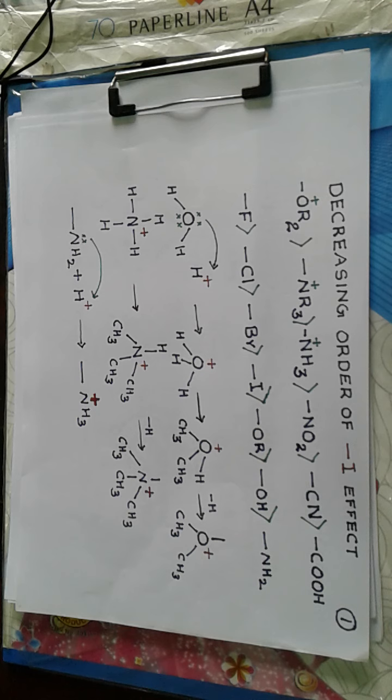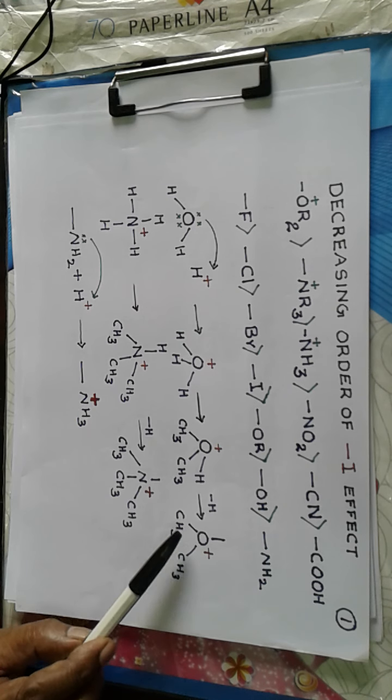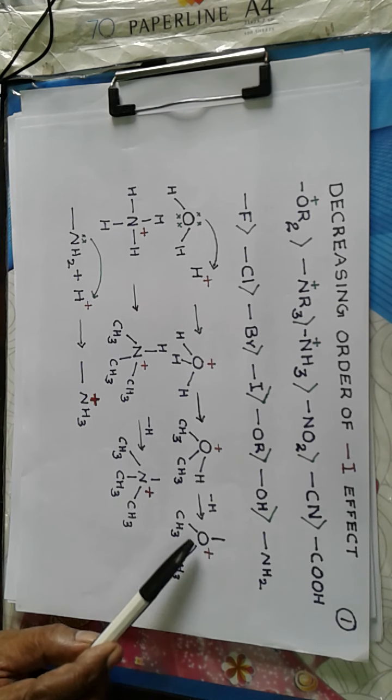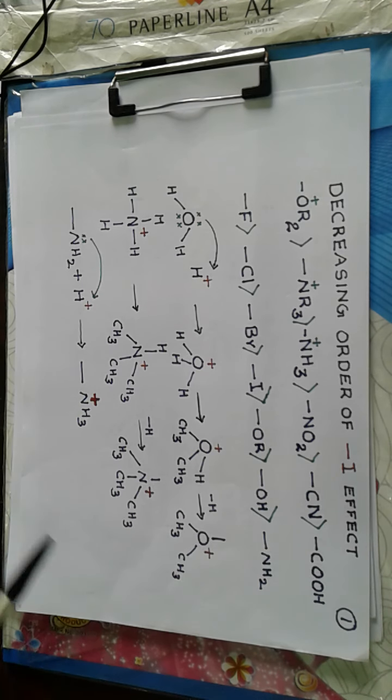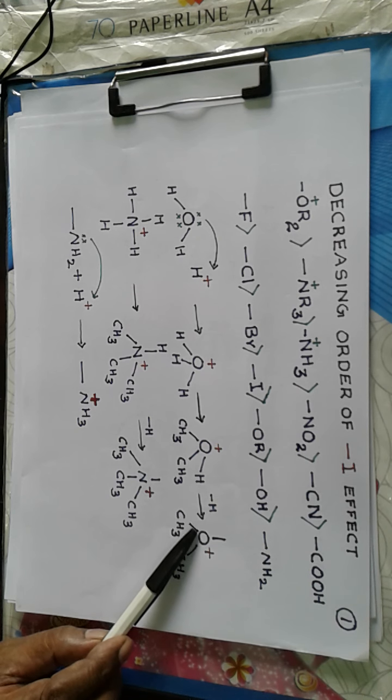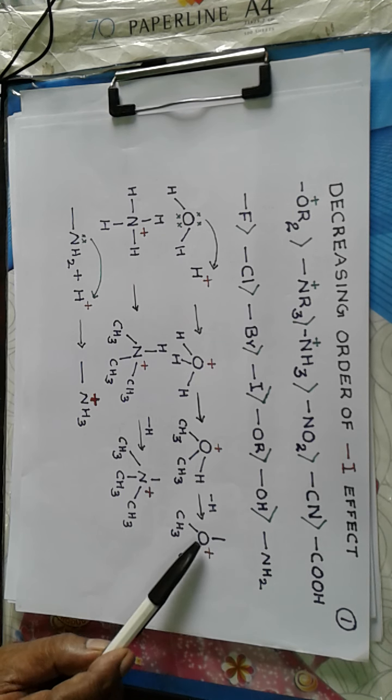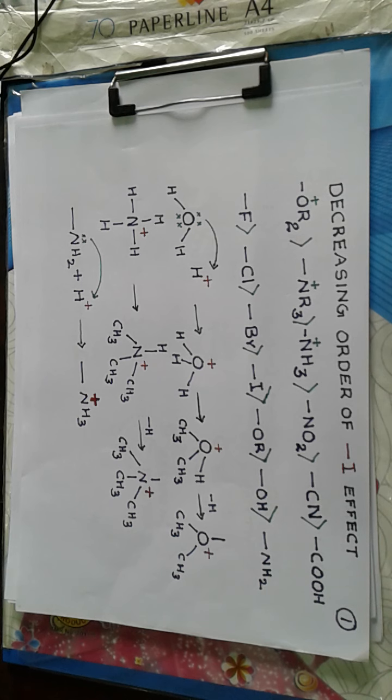Oxygen has an electronegativity 3.5. Now due to the high electronegativity of carbon, we can say that there is very little electron shift of this bonding pair towards O positive.